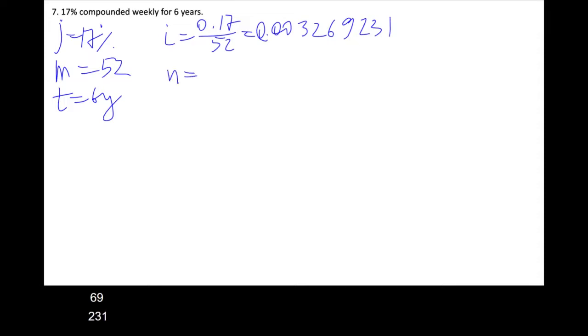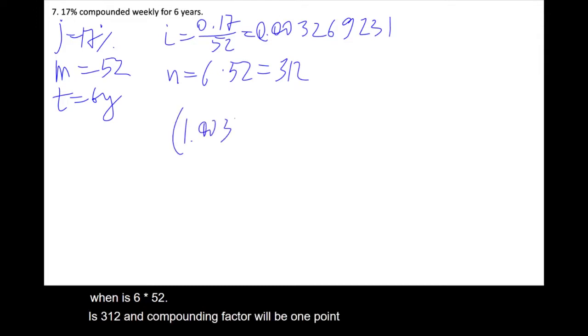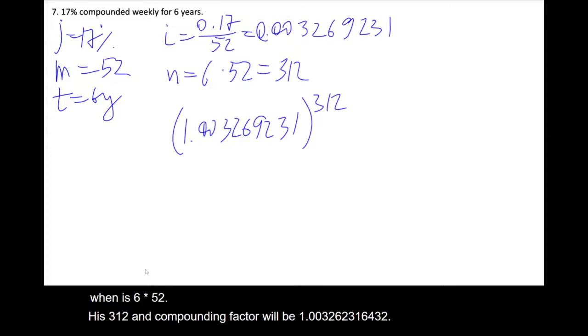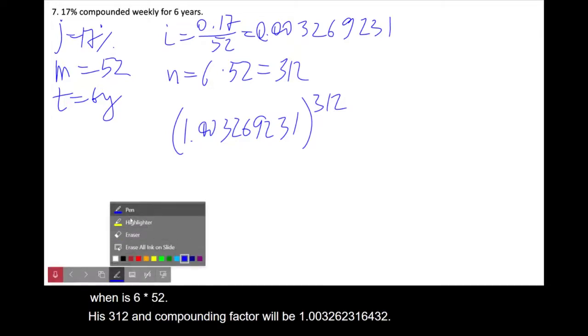N is 6 times 52, which is 312, and the compounding factor will be 1.003269231 exponent 312.